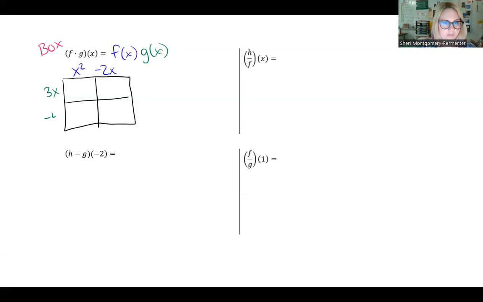Using a box as we multiply these together, 3 times 1 will be 3, and then it will be x to the third. This will be negative 6x squared. Negative 4x squared.